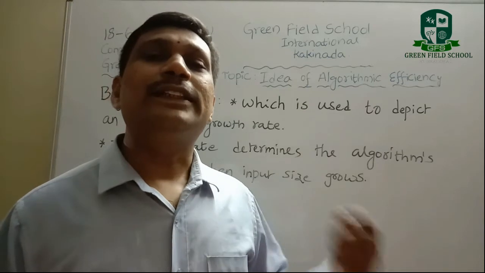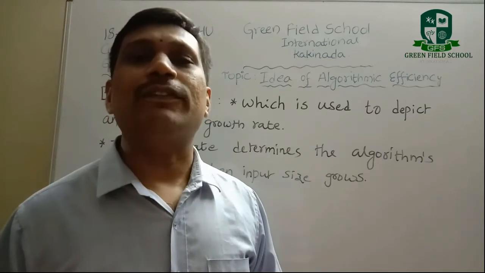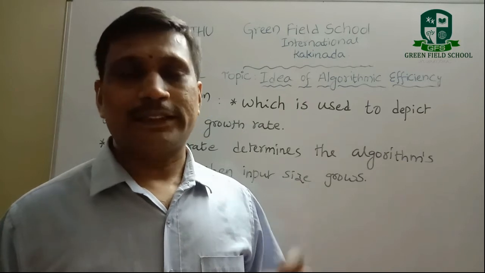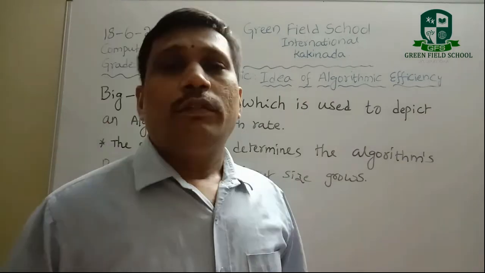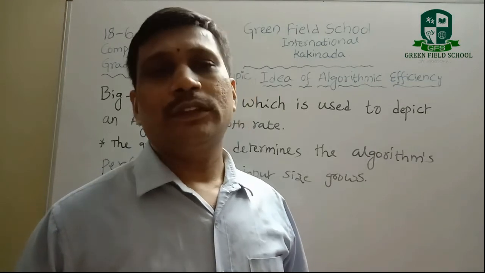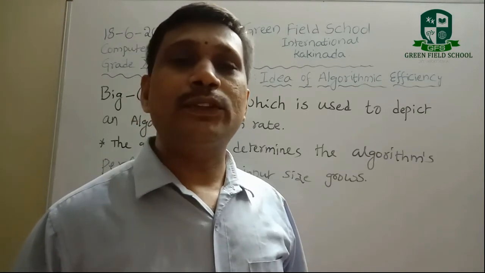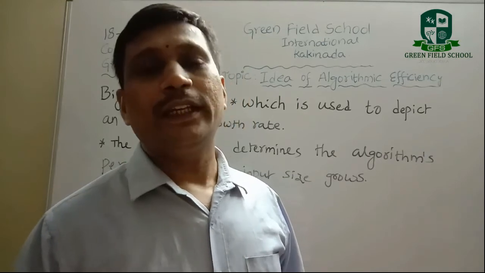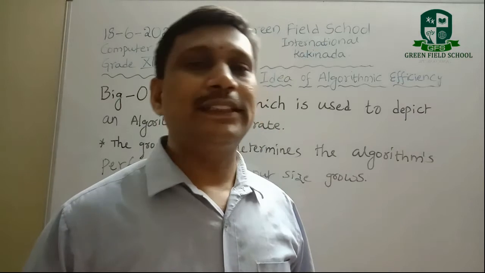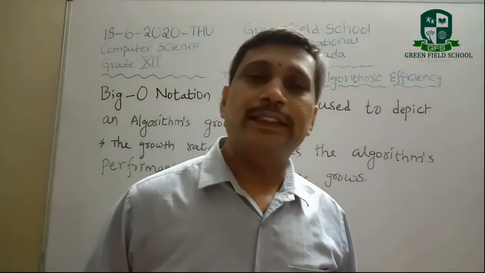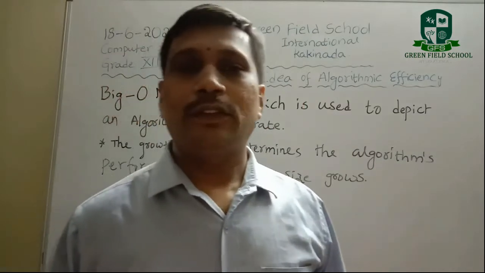When you are searching for an element in a given list of elements, we search for a key value. There are many techniques to solve searching in a list of elements. In computer science, linear search and binary search are discussed in grade 11 topics.